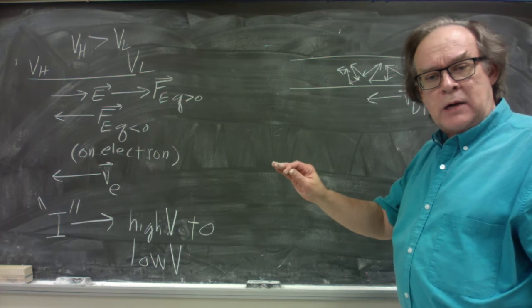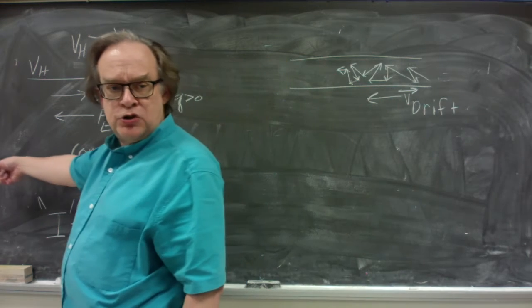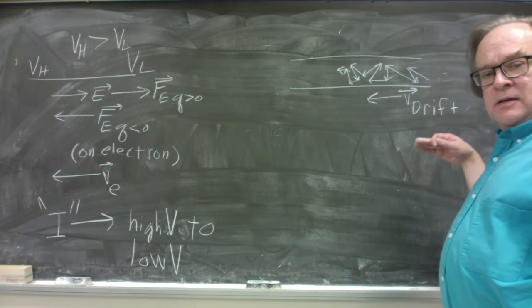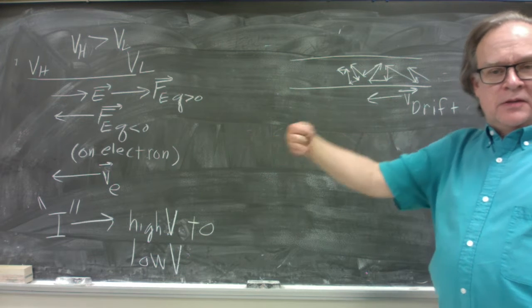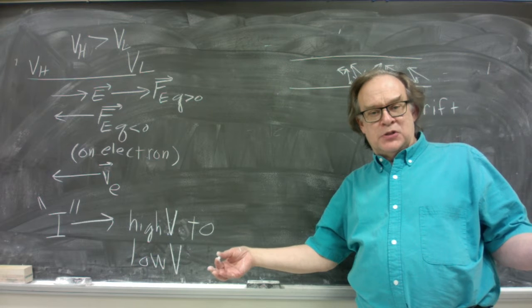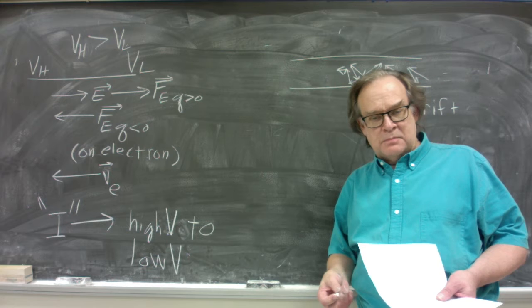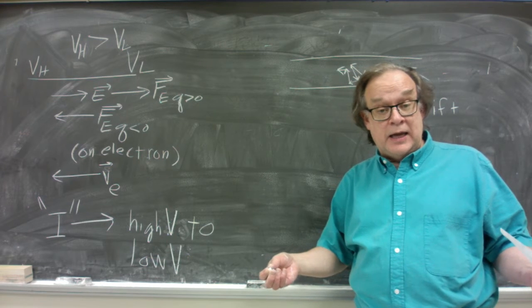Now add one more complication, because let's think about these electrons getting pushed to the left and picking up leftward velocity. They don't simply move straight to the left. There are lots of obstacles in the way of those electrons, like the atoms and the ions from which those electrons originally came.